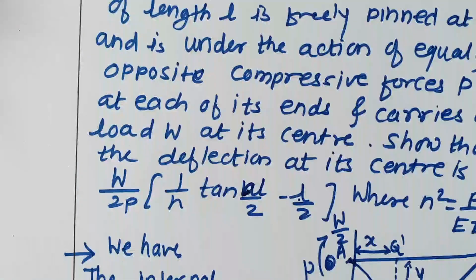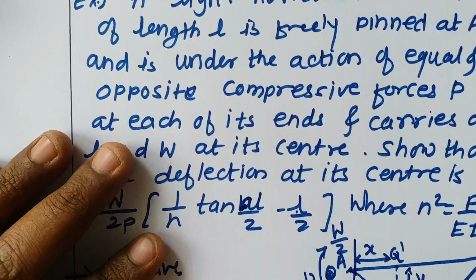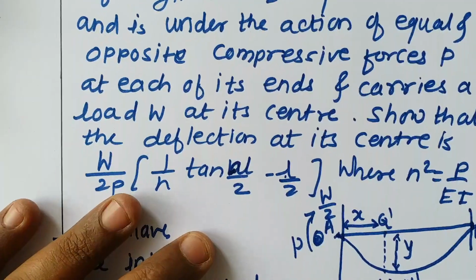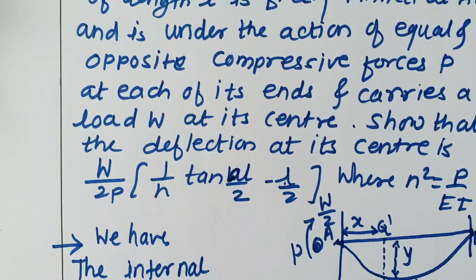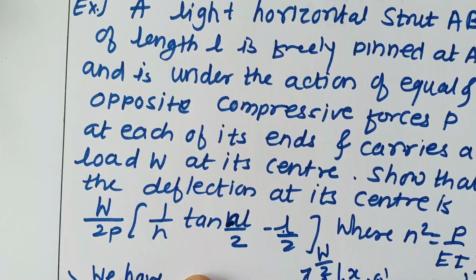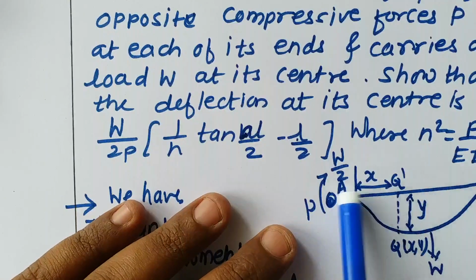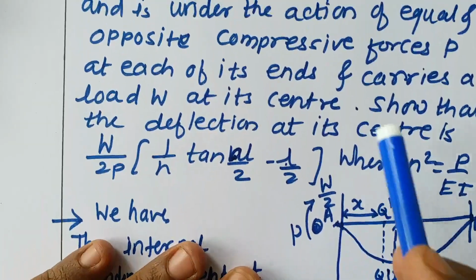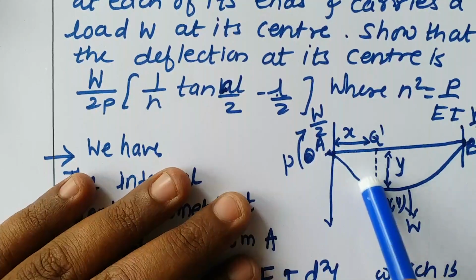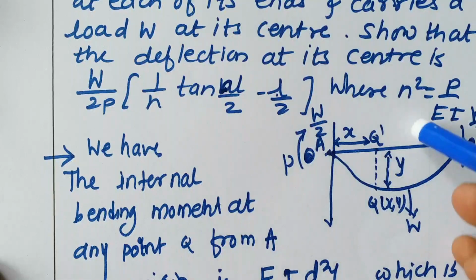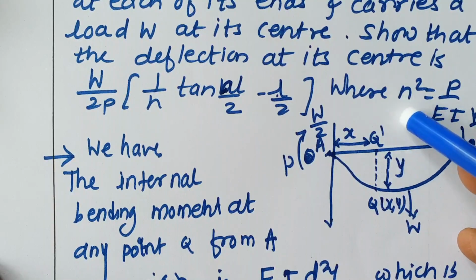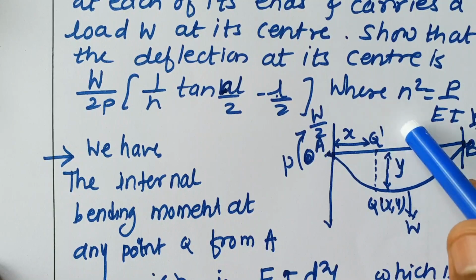So this is the information given in the problem. We have a horizontal strut, like a horizontal beam, freely pinned at two ends A and B, like simply supported. It is deflected in the center in this way, and the load W is acting at the center.